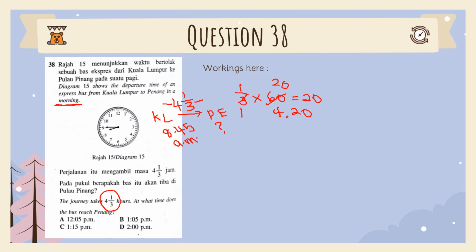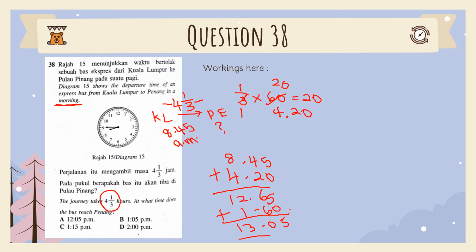So now we just have to plus 8:45 a.m. with 4:20 hours so that we can get the time that the express bus reaches Penang. So let's do that. So since the minute is more than 60, we have to minus 60 and plus 1.